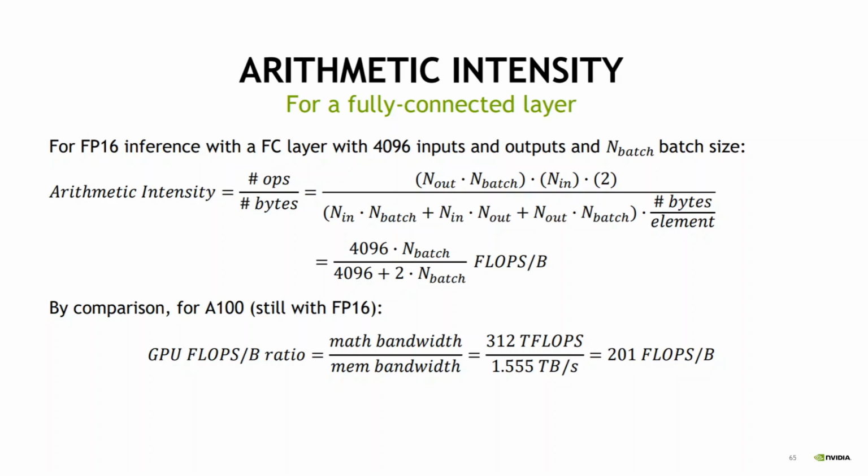As I said previously, 201 flops per byte is the threshold. If we get a bigger number of operations for each byte than 201, that means we have a math heavy operation. And if our number of operations per byte is less than 201 flops, then we have a memory heavy or memory limited operation.